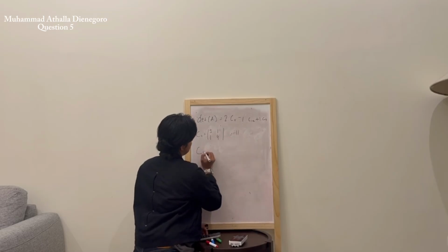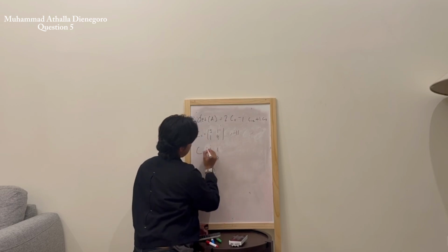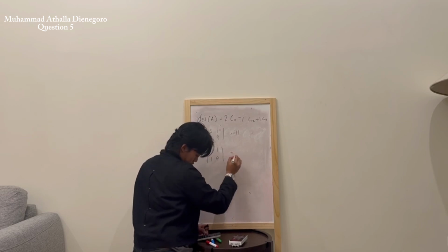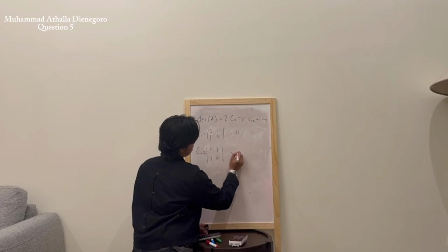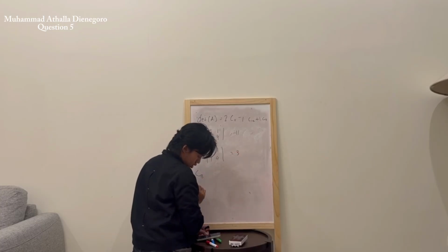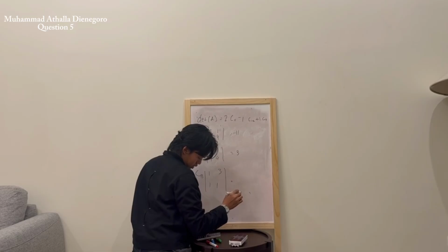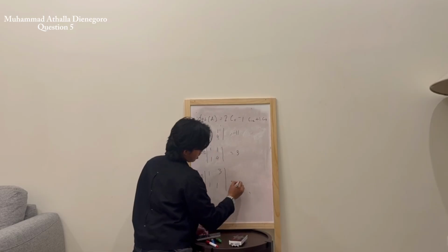Then C12 is 1, 1, 1, 4, and the result is 3. Then C13 is 1, 3, 1, 1, so the result is minus 2.